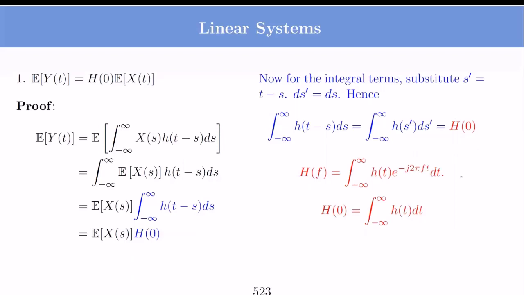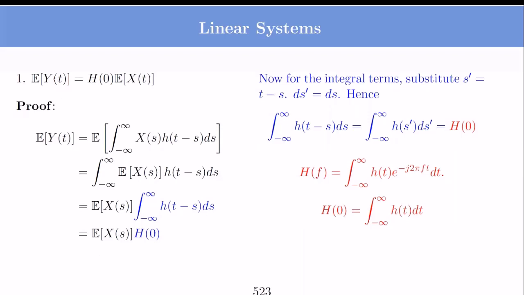Why so? Because remember that H is the Fourier transform of h. From the definition, H(f) is equal to the integration of h(t) e to the power minus j 2 pi f t dt. If I put f equal to 0, this term will become 1, and I will get H(0) equal to the integration of h(t) dt. So this is the result we use here to show that this integration is the same as H(0).